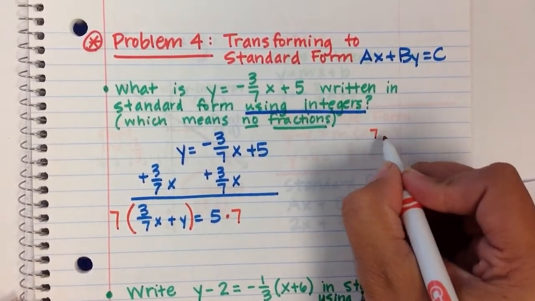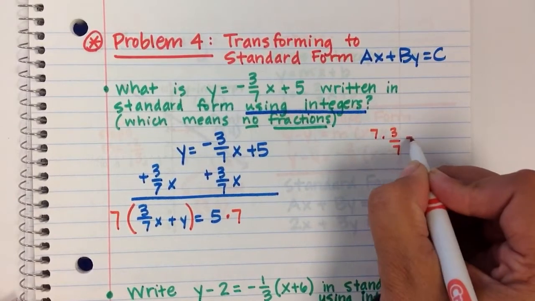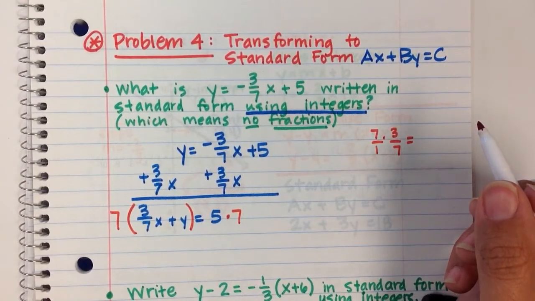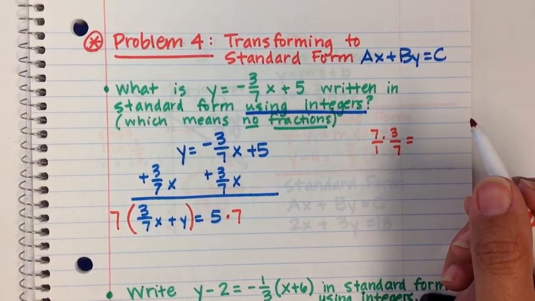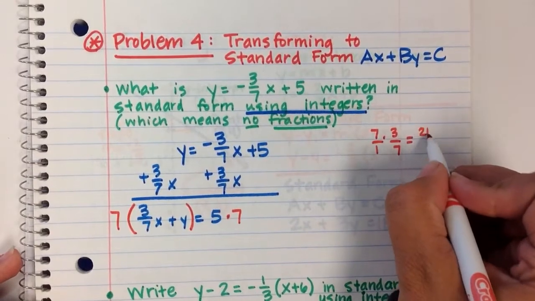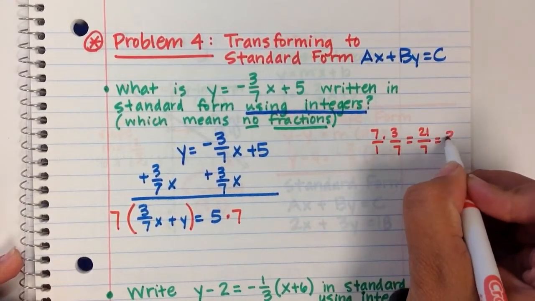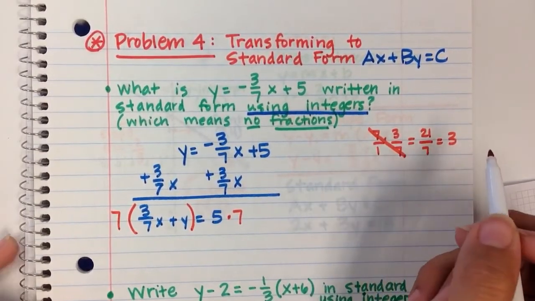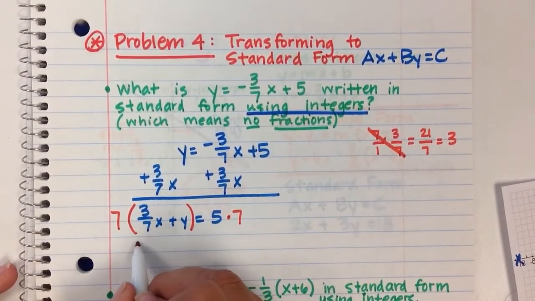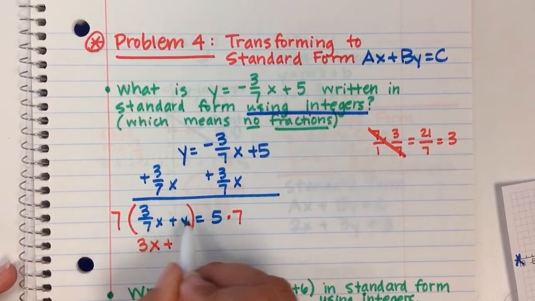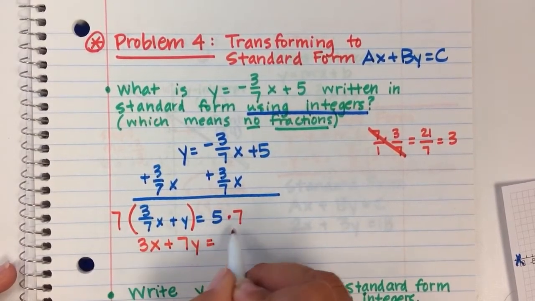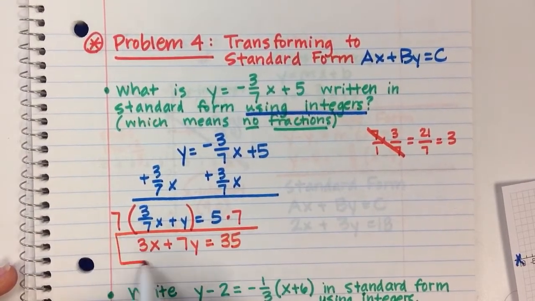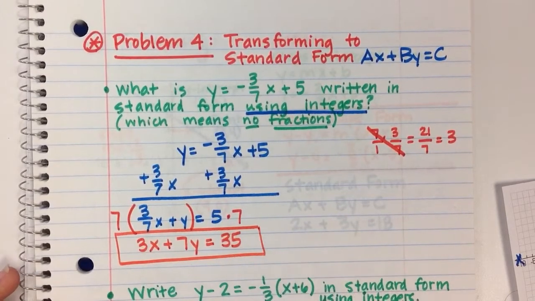Well, when I multiply 7 times 3/7, this is like 7 over 1 times 3/7, then I get 21 over 7, which is 3. Which means I could have divided those 7s out and I would have just had 3 to begin with. So this is 3x plus 7 times y is equal to 35. And that is the equation written in standard form.